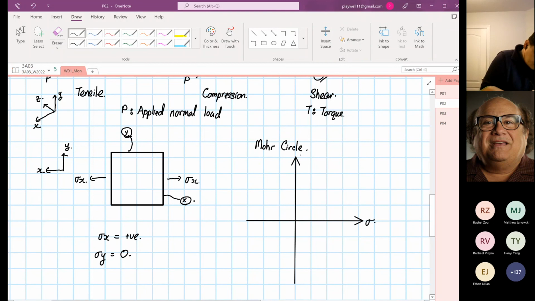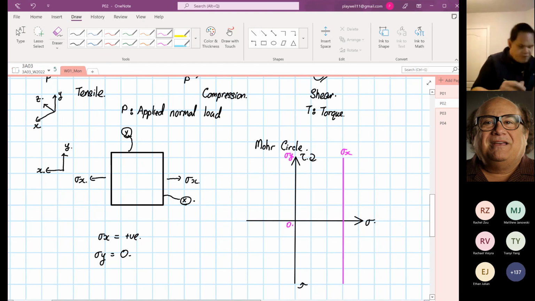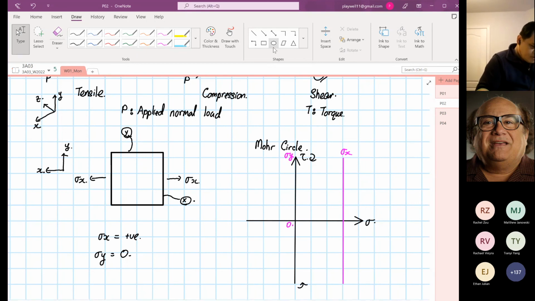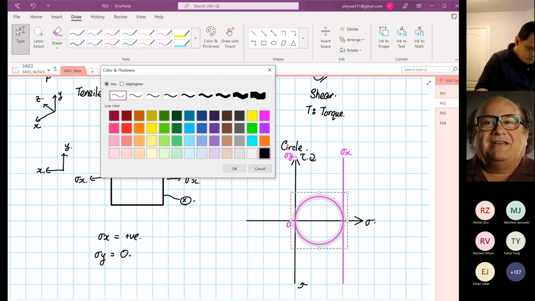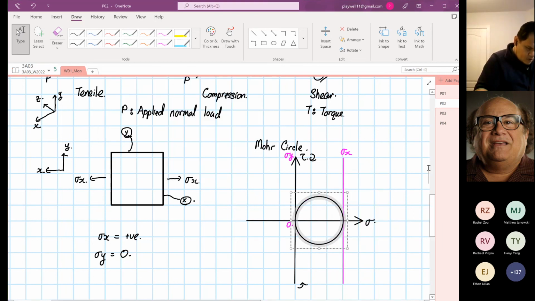Element rotate clockwise, element rotate anti-clockwise, and on this line, for this example, this is our stress X line, and the 0 is our stress Y line. So from here, we can draw our circle.